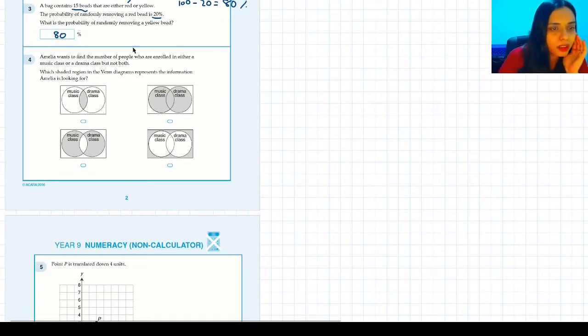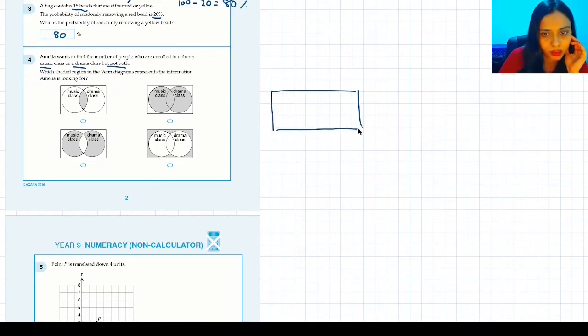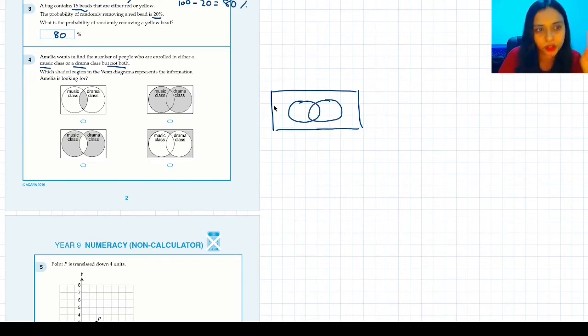Amelia wants to find the number of people who are enrolled in either a music class or a drama class, but not both. Which shaded region in the Venn diagrams represents the information Amelia is looking for? Alright, so for this question, we need to know how a Venn diagram works. So when working with Venn diagrams, we draw a circle for each option that we have.